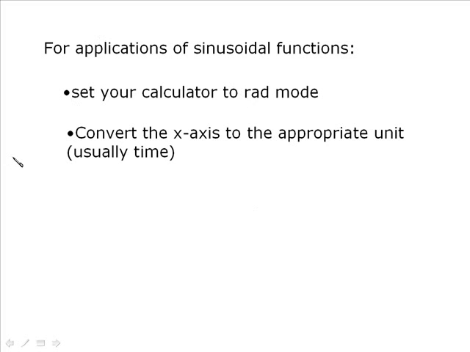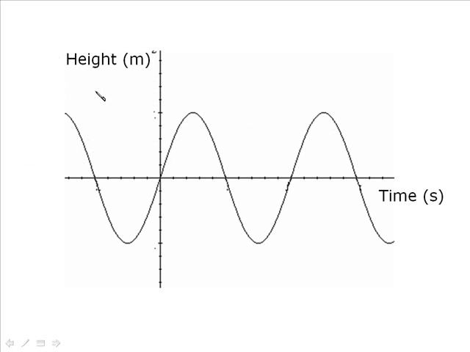Normally when you're graphing sine and cosine waves, you're dealing with degrees or rads. Here you have to convert it to something else, usually hours or seconds, but it could be days as well. So this is what it's going to look like: the height being on the y-axis and the time being on the x-axis. A very common illustration anyways.